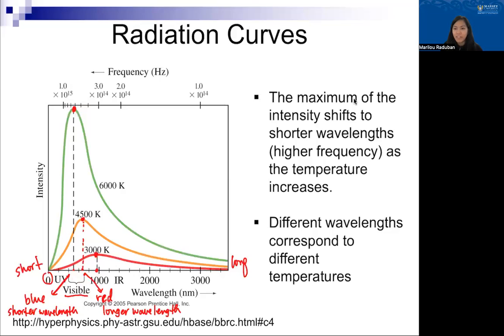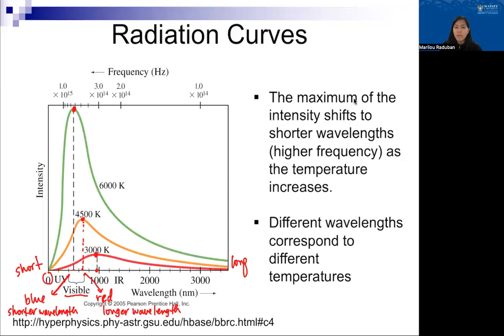Blue, yeah. You're correct, Nikita. So blue has a shorter wavelength compared to red. Therefore, blue should have a higher intensity radiation compared to red, meaning the amount of radiation emitted by a blue object will be higher compared to the amount of radiation emitted by a red object.